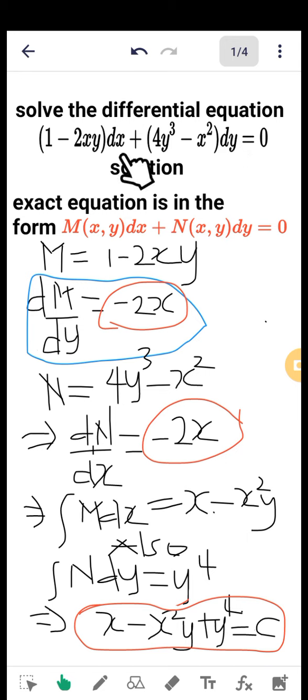Why am I saying it's an exact equation? An exact equation is in the form M(x,y) dx + N(x,y) dy = 0. So comparing the form to the question, I can boldly say it is an exact equation.